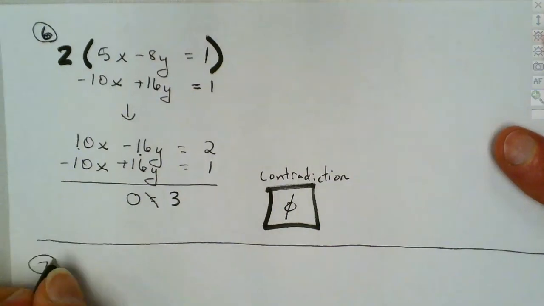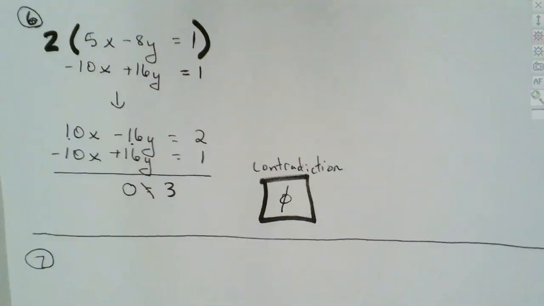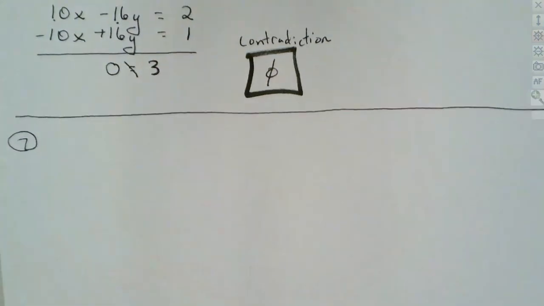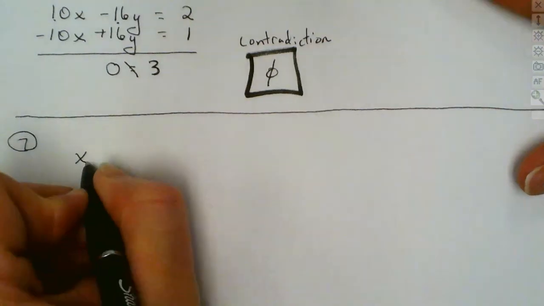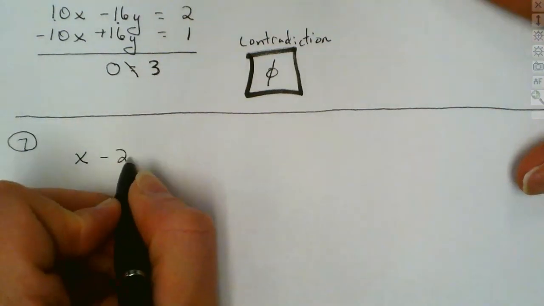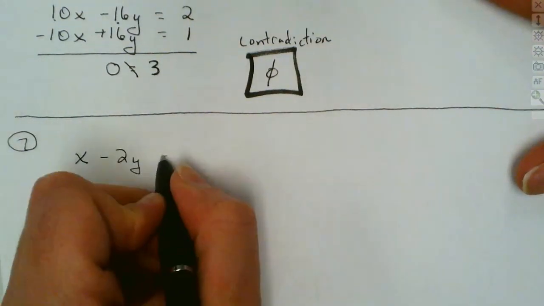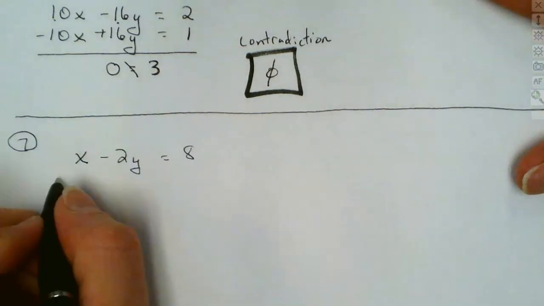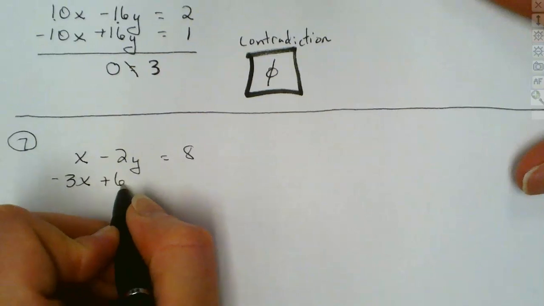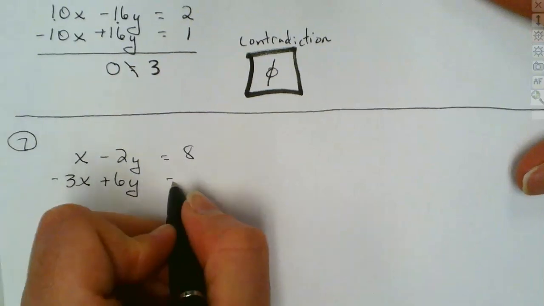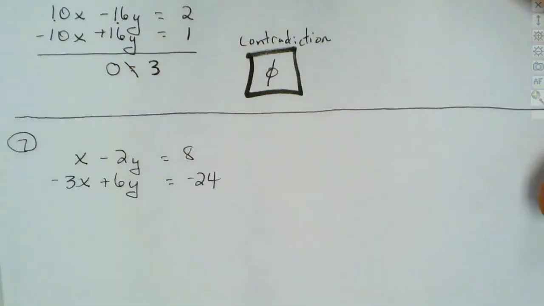Now, 7, I believe, is different because 7, you're going to have an infinite number of solutions. So for question 7, you've got x minus 2y equals 8, and the other one is negative 3x plus 6y equals negative 24.